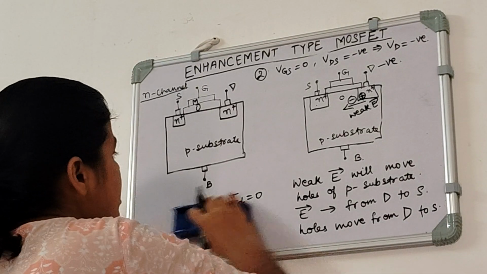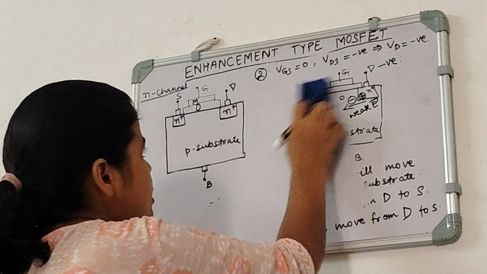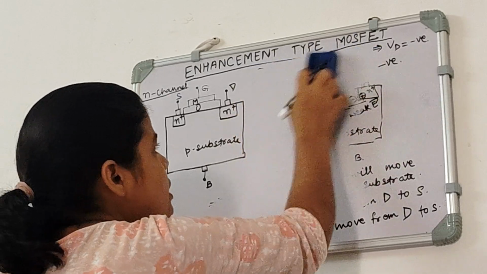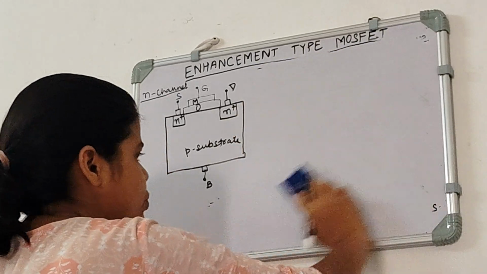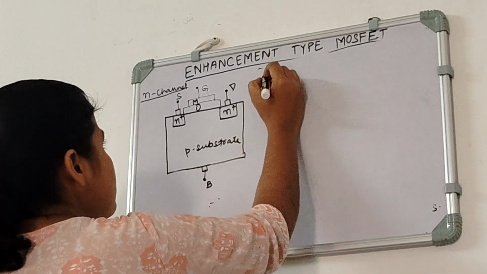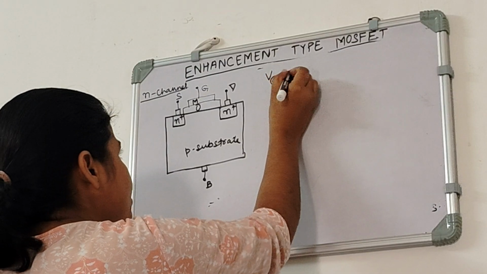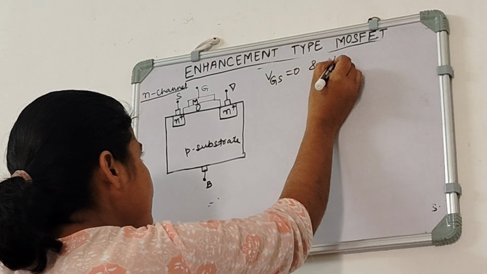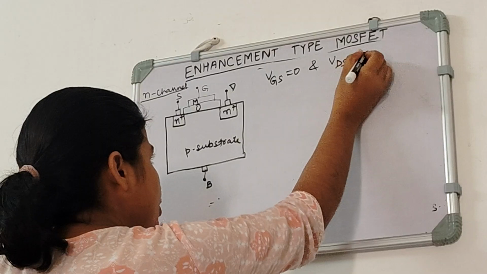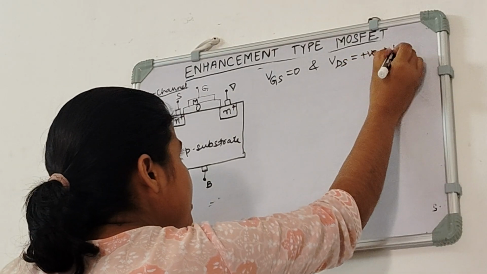Now we will see the third condition, that is VGS equals to 0 and VDS equals to positive. And VDS equals to positive means VD equals to positive.